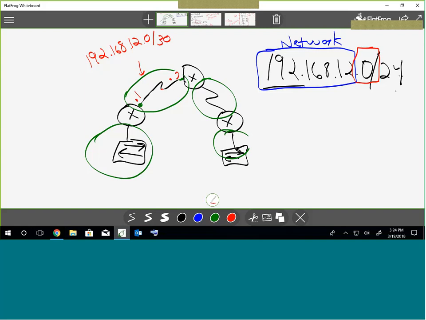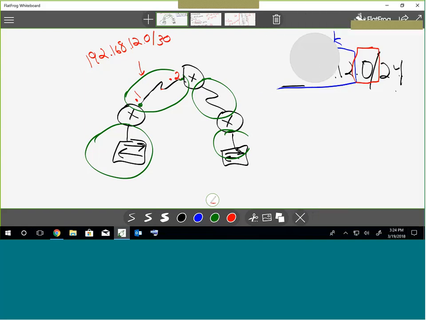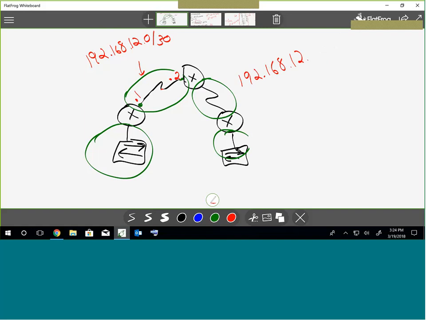This will be .2, the only 2 usable IP addresses on it. Over here on this other side, I'm going to go 192.168.12.4/30. This will be .5. This will be .6, the only 2 usable on that network.